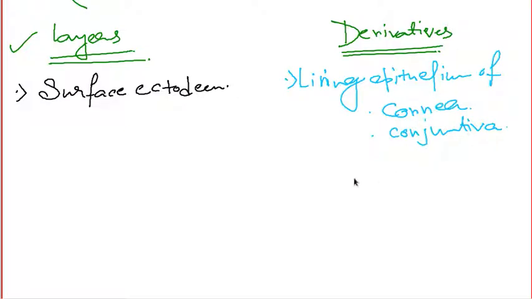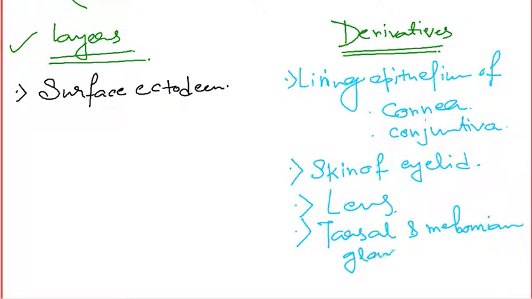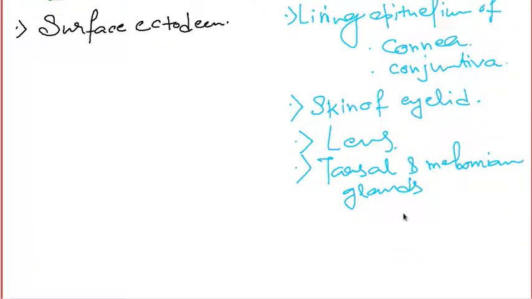Also it gives rise to the skin of the eyelid, and the most important part, the lens placode, lens vesicle, and lens. Then tarsal and meibomian glands, and the lacrimal glands.